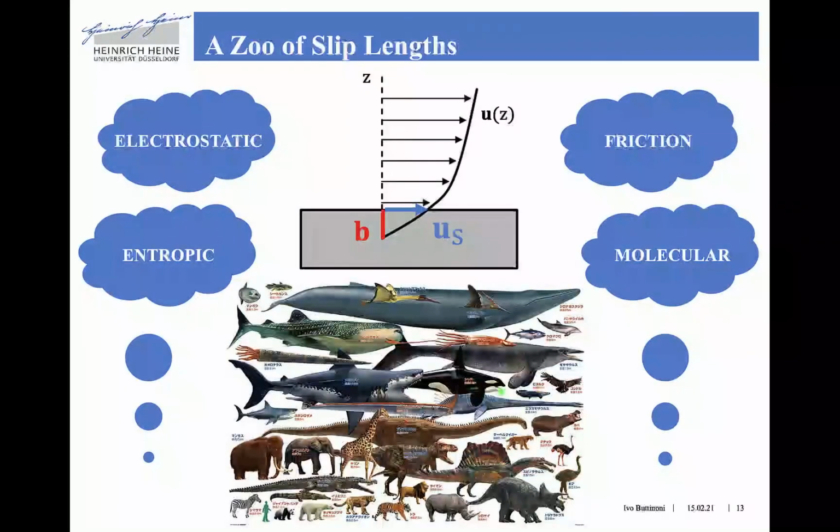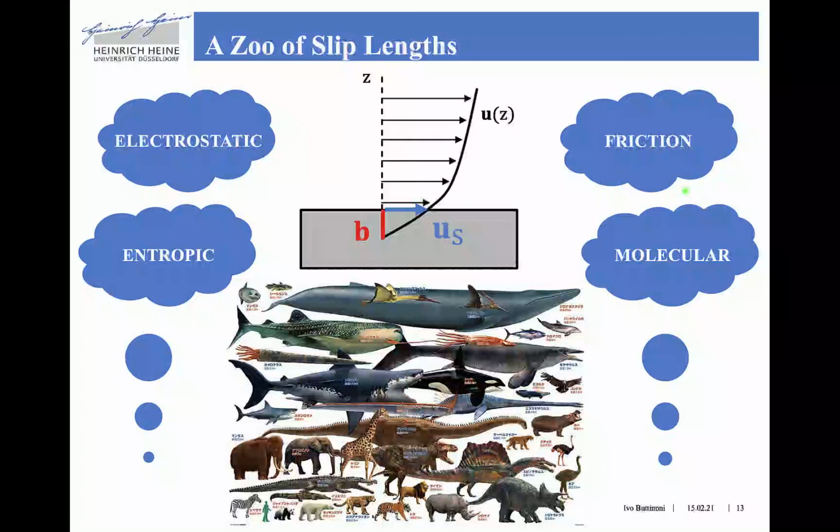However, unfortunately, it is difficult to identify only one single slip length because many interactions, and therefore many length scales, come into play at distances from a few to tens of nanometers from a solid surface. These interactions can be electrostatic, entropic, frictional, or molecular, and this is only to name a few. We will see some of them in a few minutes when we talk about phoresis.